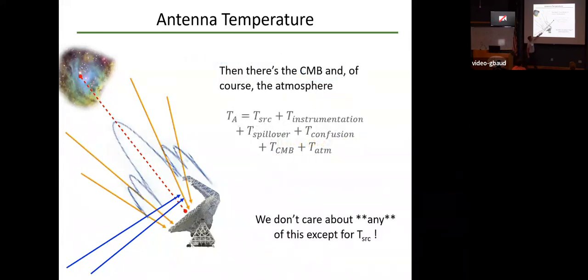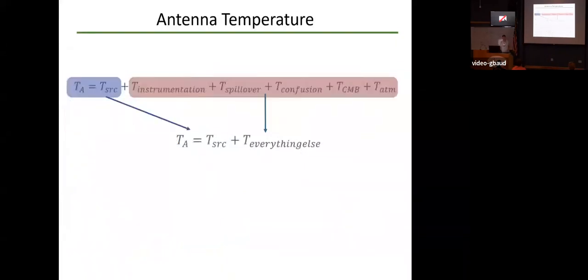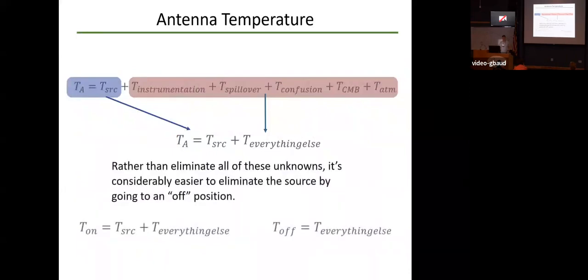So basically, we care about this first term. We could not care any less about any of those other ones. So we want a way to get rid of all of that. In essence, this is what we care about, and all that in red is everything else: the T from every other part of the sky and our local environment, including the receivers.